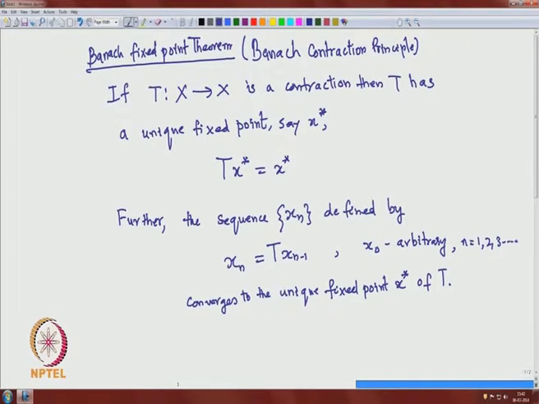We will see later that this is nothing but the Picard's iterants which we defined earlier.